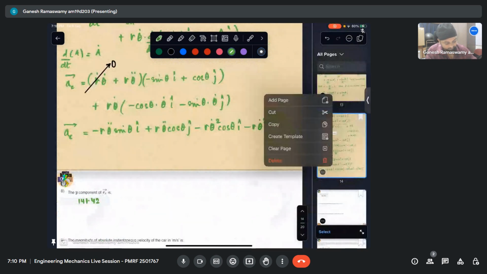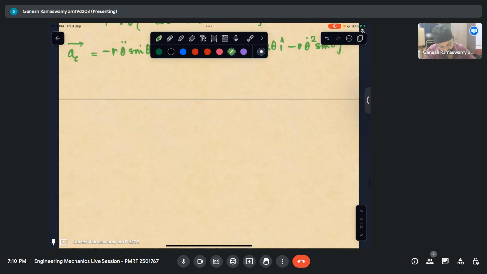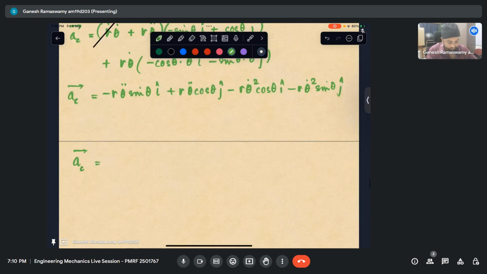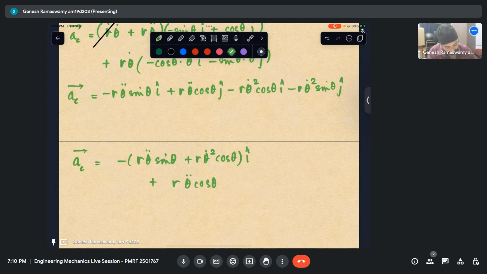So my acceleration of C, if I group the I terms, comes out as minus of r theta double dot sine theta plus r theta dot squared cos theta I plus r theta double dot cos theta minus r theta dot squared sine theta j.